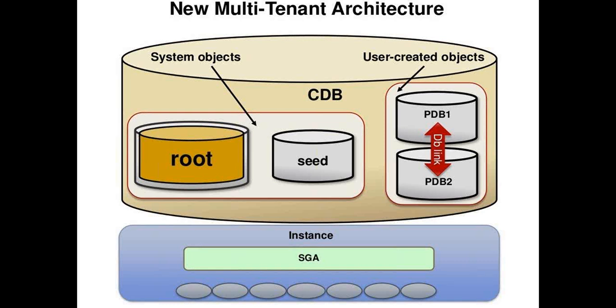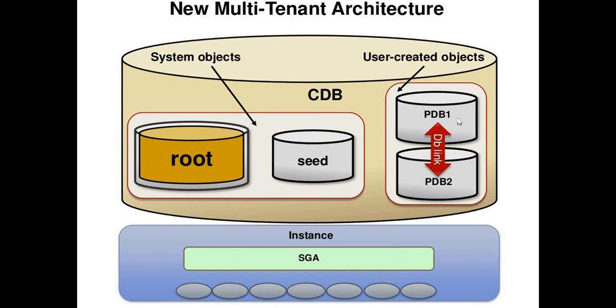So you can see here this SGA is shared among all pluggable databases and the main root database. SGA and background processes are shared, but you will be having multiple pluggable databases. So root and the main template will be present initially. This is called the seed, and the main container is the root.